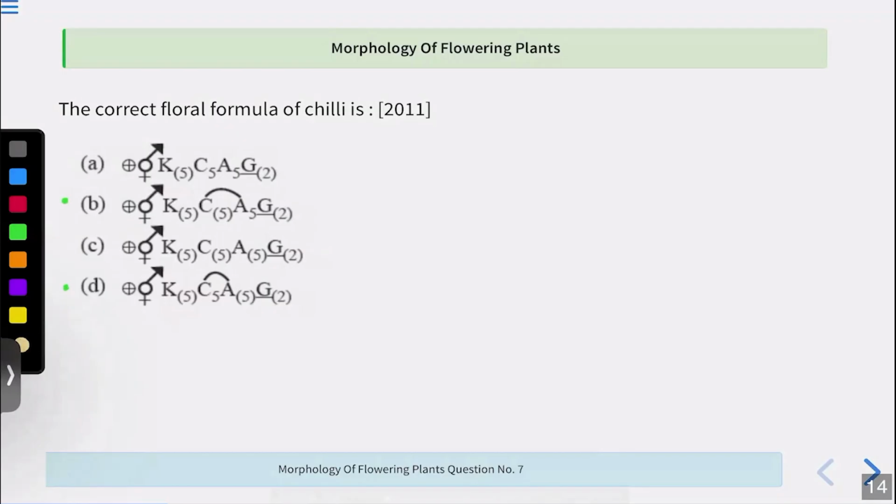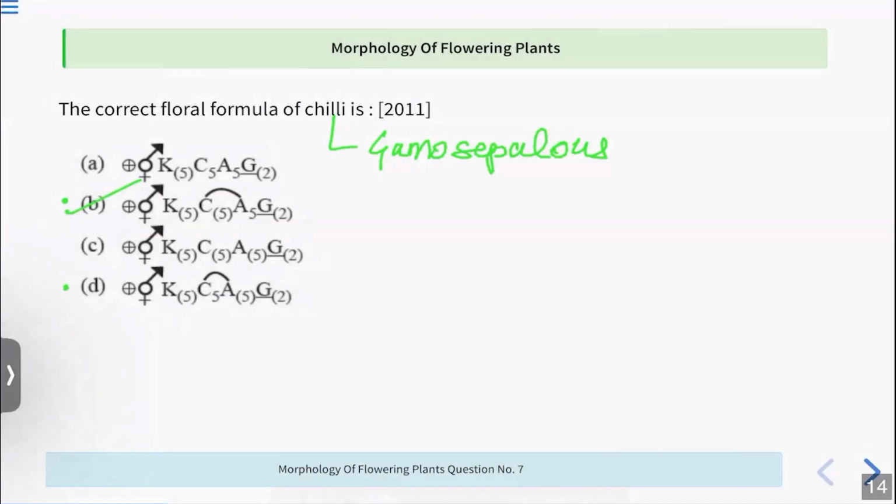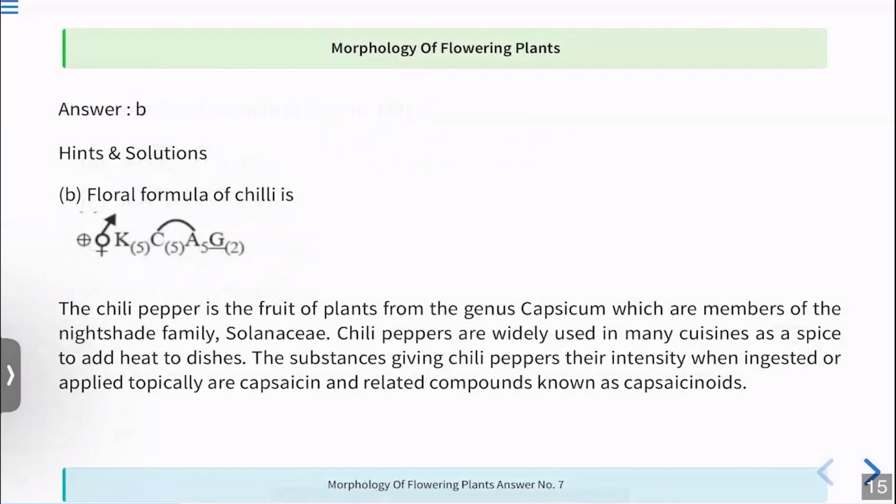So B and D, we have to choose between B and D. Now, whether the calyx is gamosepalous or polysepalous, we all know that chili is gamosepalous, which means the sepals are attached to each other, which makes option number B the correct option. Okay.